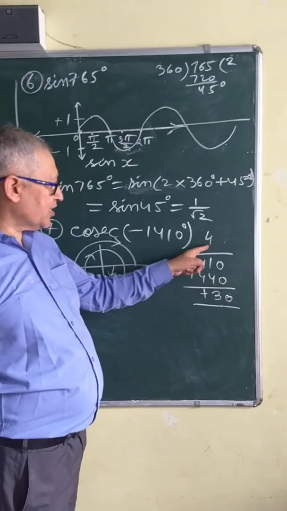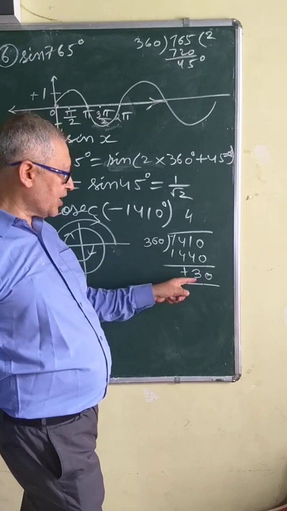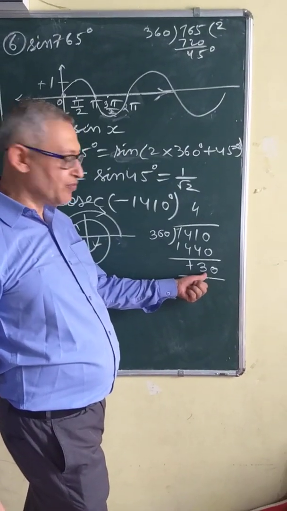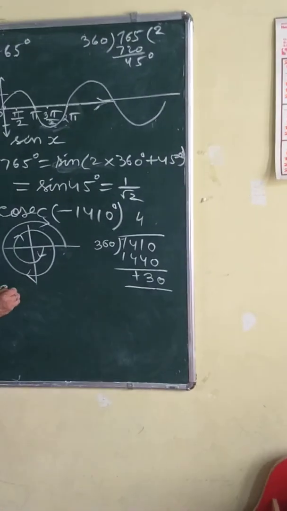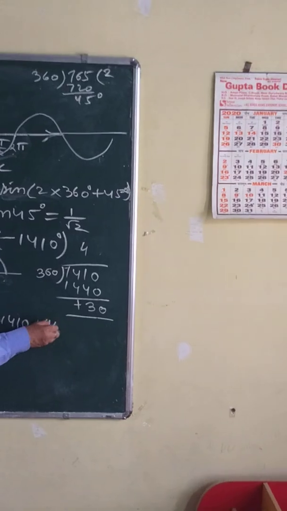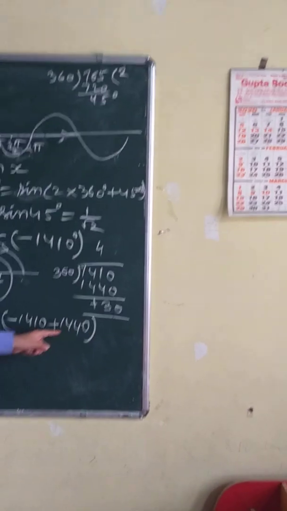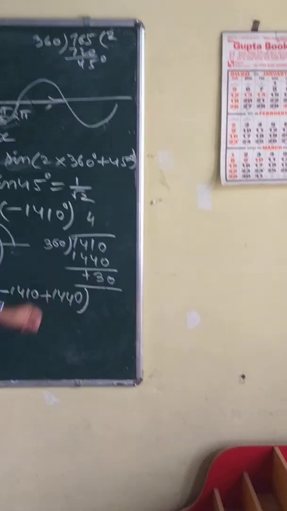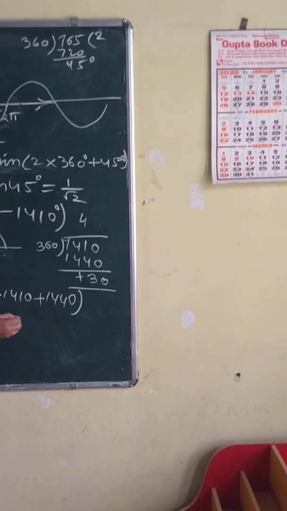Or we can say that before completing the 4th cycle of 360, this angle ends 30 degrees before it. So we can write it in this form: cosec(minus 1410 plus 1440). So this is equal to cosec 30.